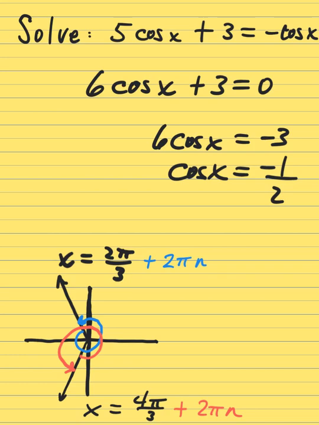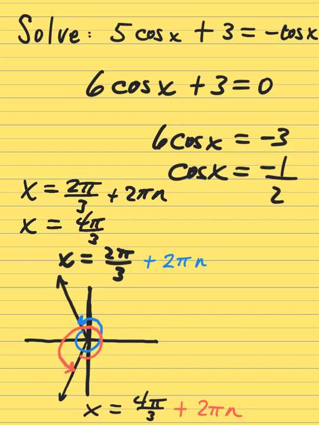And so for this problem, your answers would be 2π/3 plus 2π n and 4π/3 plus 2π n. When you enter these into WebAssign, just separate them with a comma and you should be fine.